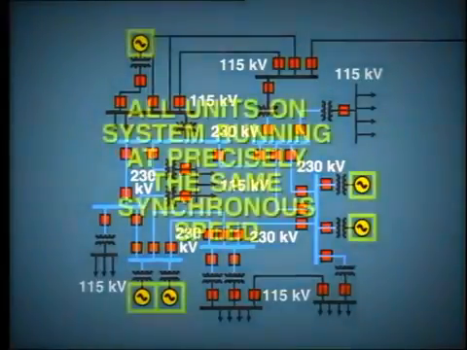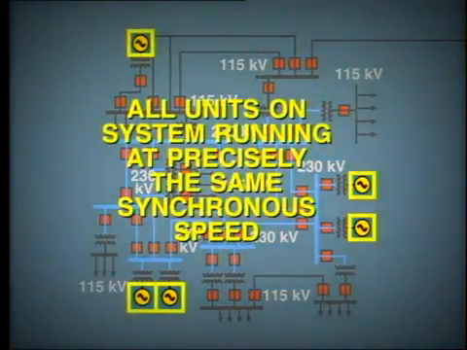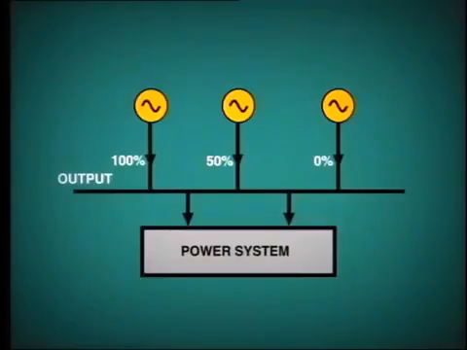Now remember, all of the units which are connected to the power system are running at precisely the same synchronous speed. This is obvious because they are synchronized together, and the frequency is precisely the same at all points of the system. So how is it then that one unit may operate at, say, 100% capacity and another at 50%?